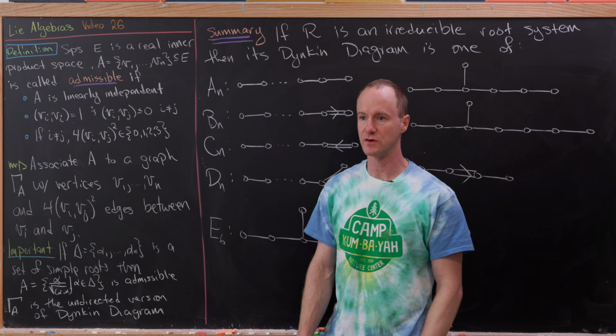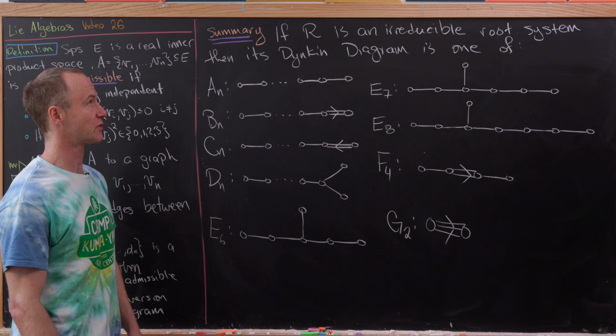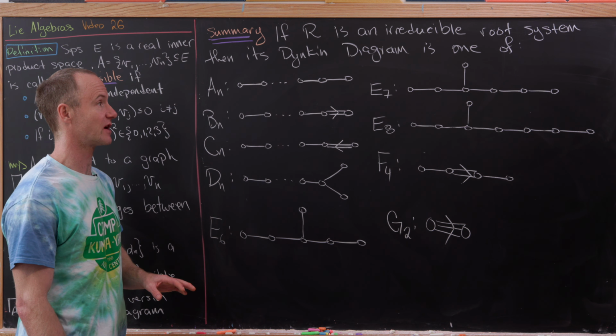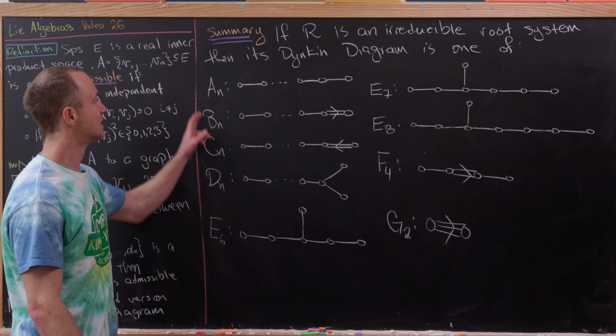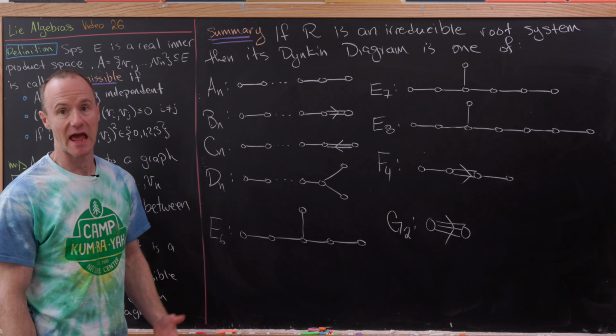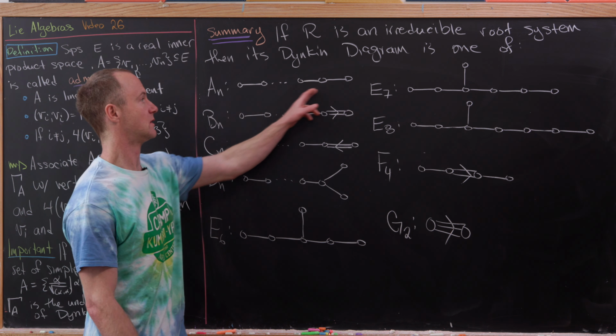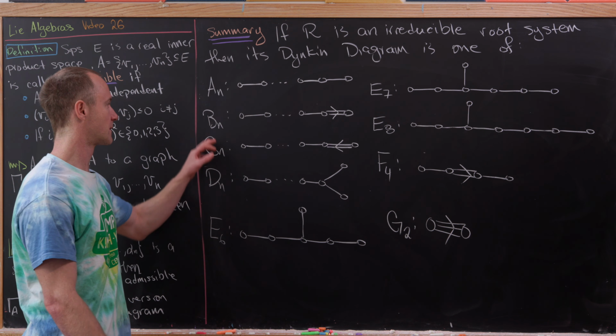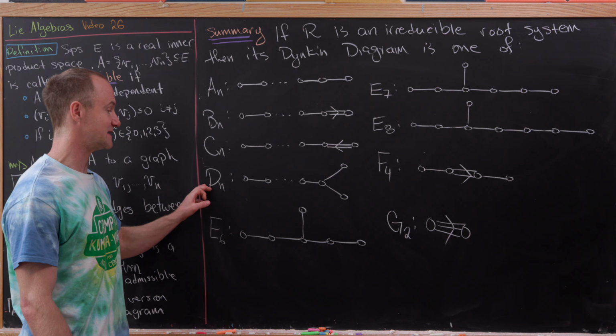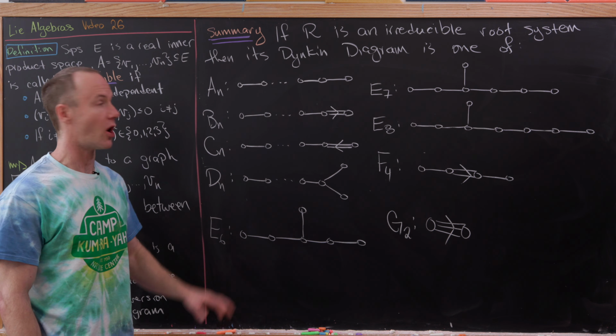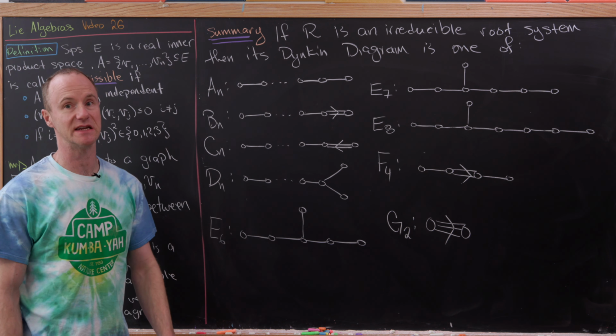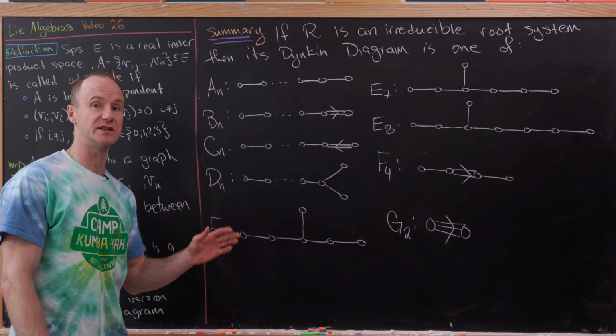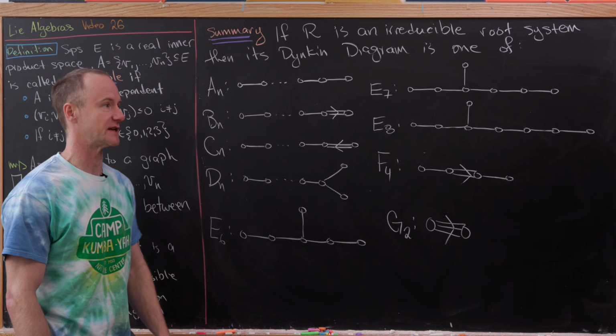So just as a summary, if R is an irreducible root system, then its Dynkin diagram is one of the following. So you've got A type, so an A_n Dynkin diagram. We've got this chain that we saw before. B type, C type, D type. And so we had seen all of those before. A, B, C, D were all associated to the classical Lie algebras.